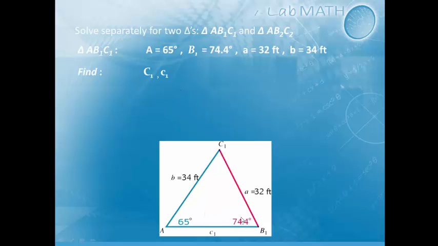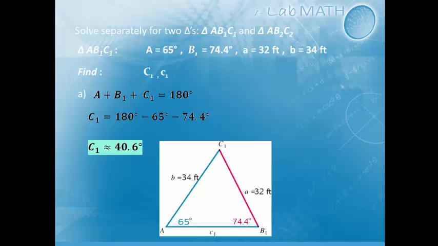So we label that, and angle C sub 1 is equal to 180 less 65 less 74.4, and angle C sub 1 is equal to 40.6 degrees.